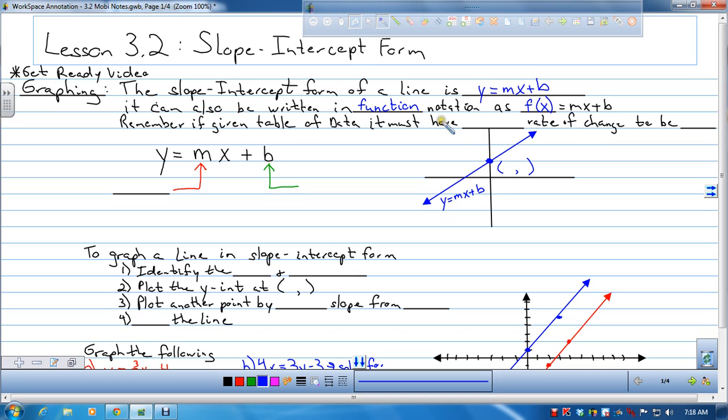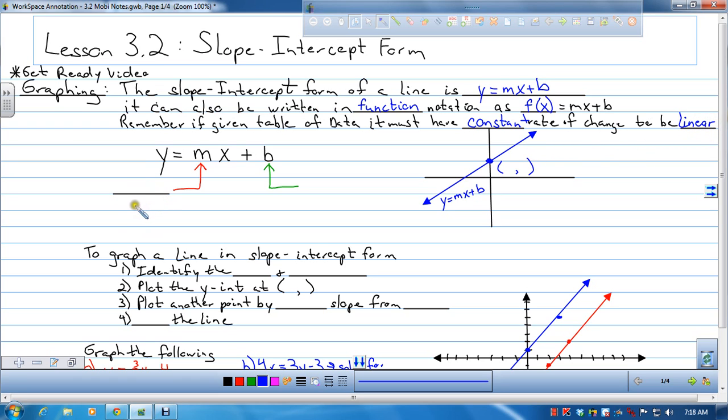One thing I want you to remember through this lesson as well is if you're given this data in the form of a table instead of a graph, you always have to make sure that that table has a constant rate of change, because it has to have a constant rate of change in order to be linear.